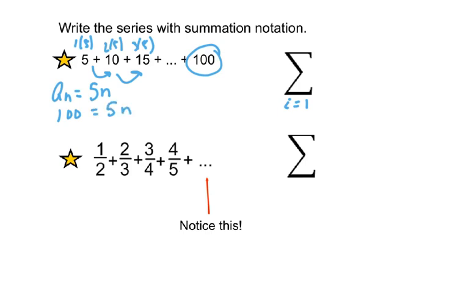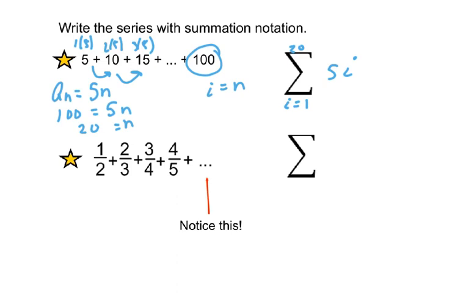And to figure out what position number 100 has, I just solve for n, which is going to give me 20. So that means that we are adding from the first term up to the 20th term. And since we are making the series, I'm going to make the switch from n to i. Remember, i and n can be used interchangeably. And we'll make this 5i.